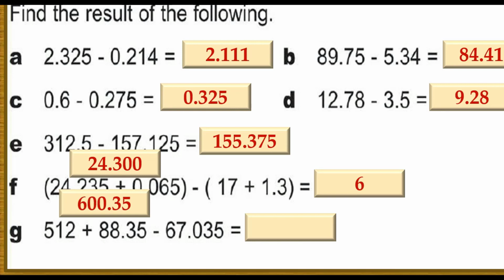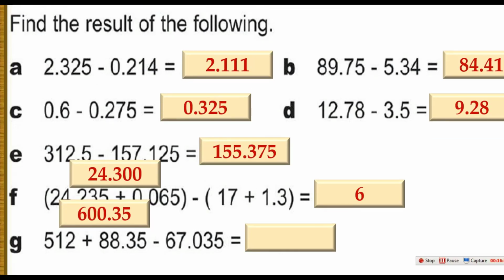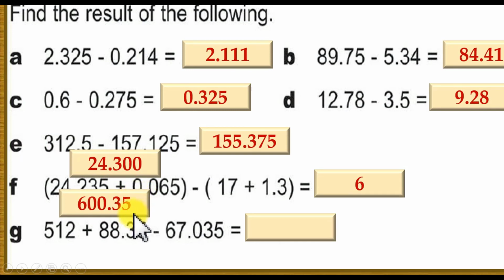The last one: when you get the sum of 512 and 88 and 35 hundredths, it's so easy. 2 plus 8 equals 10, carry 1. 1 plus 1 equals 2, 2 plus 8 equals 10, 1 plus 5 equals 6, and write the parts, 35 hundredths, minus 67 and 35 thousandths. We haven't equal parts here, so we must put 0 to the right of 5 here to have 3 digits to the right of the decimal point.